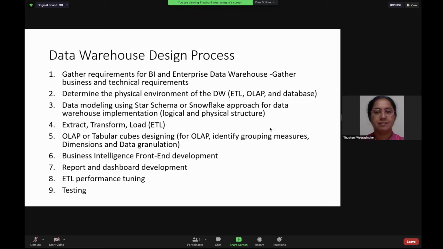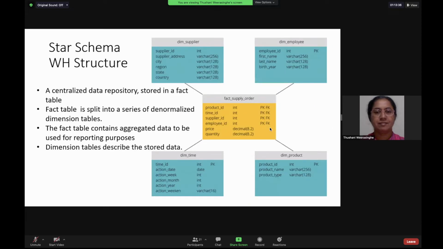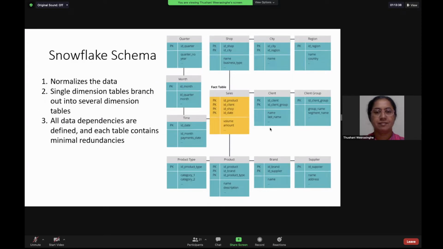So we will see how to connect it and develop a dashboard using the data warehouse. For developing a data warehouse, you might be using, for the database structure, basically two: the star schema or the snowflake schema. Do you know the difference between these two?